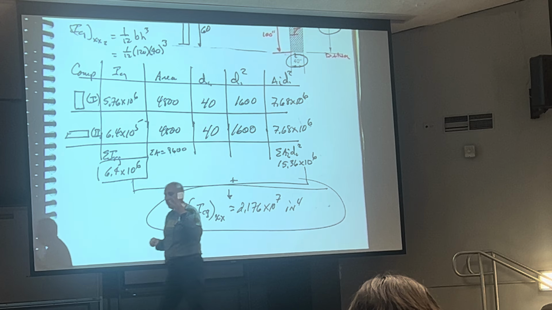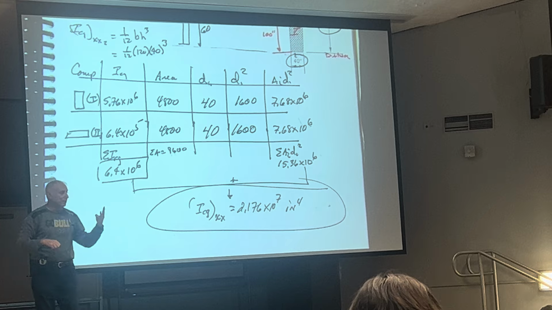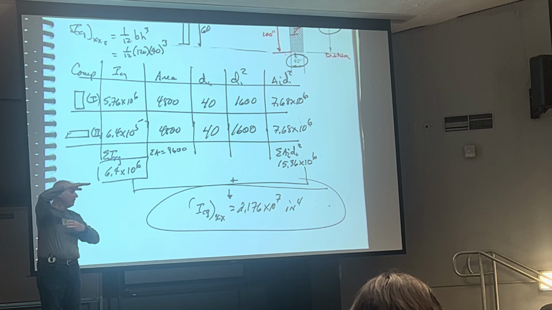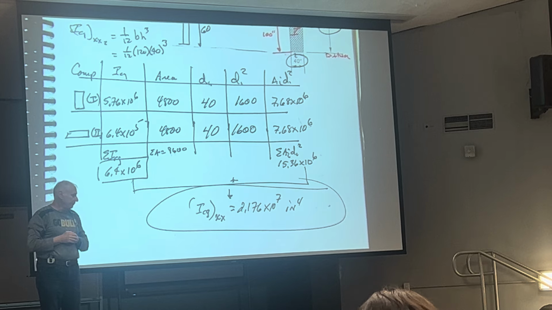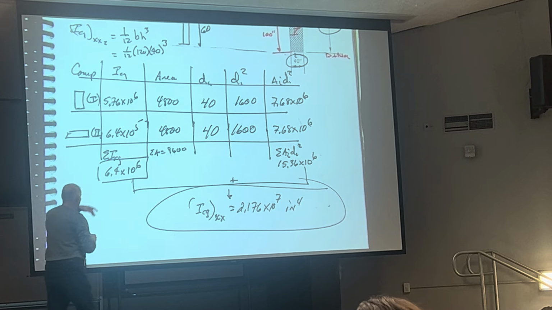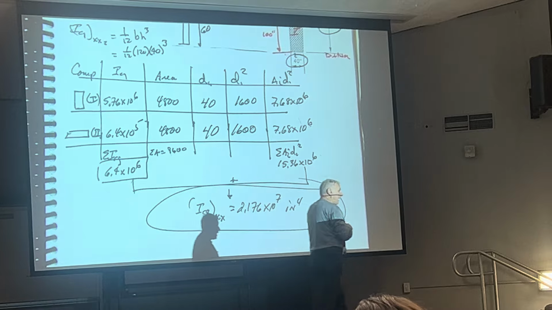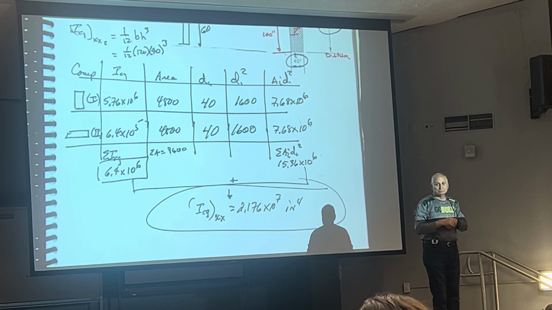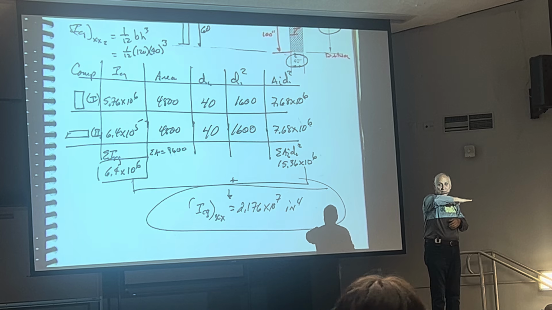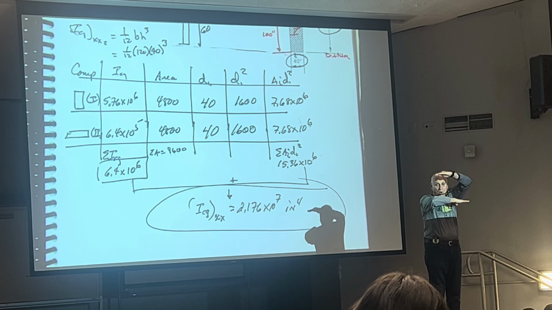Error number 3, your d1s are wrong. The distance between the axes in question you get wrong. In other words, you didn't give me the right d's of 40 and 40. Those d's are the distance between where the centroid of one and the centroid of the overall are.